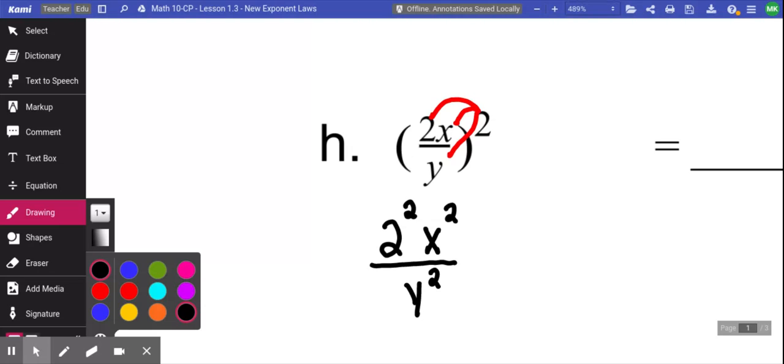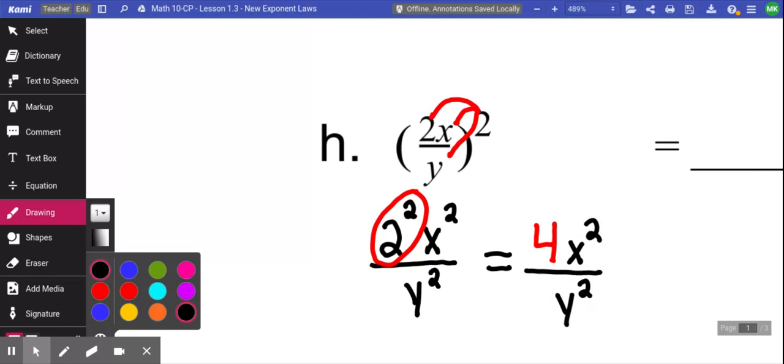Sometimes, especially with smaller numbers, we actually calculate them. So this 2 to the power of 2 is equal to 4. So that's 4x squared over y squared. Yeah. You can take either one, right? Yeah, I'd accept both answers.